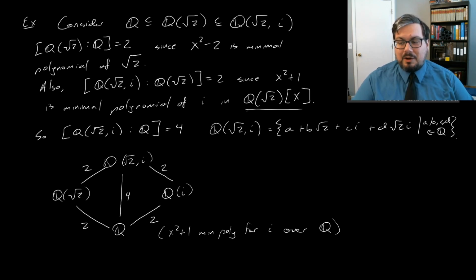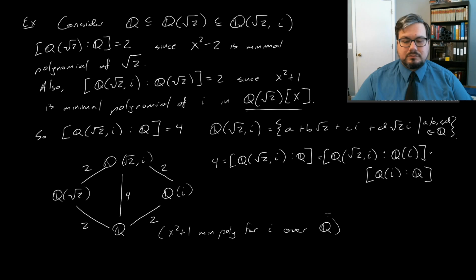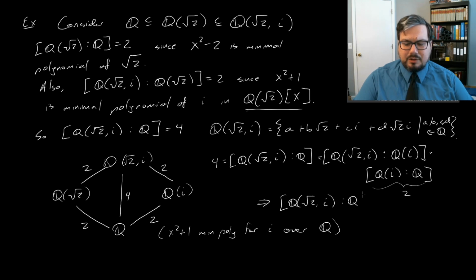To be more explicit about what's going on here, we could say that 4 is equal to the degree of Q(√2, i) over Q. And then by Theorem 173, this is equal to the degree of Q(√2, i) over Q(i) times the degree of Q(i) over Q. And so, because this part is equal to 2, we can conclude that the degree of Q(√2, i) over Q(i) is equal to 2.